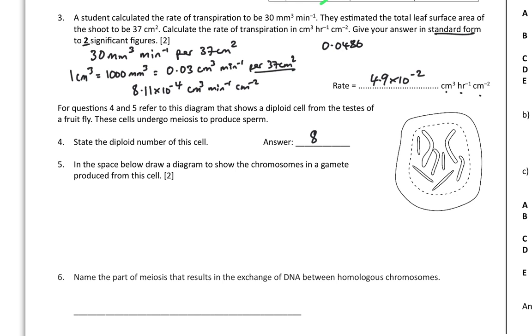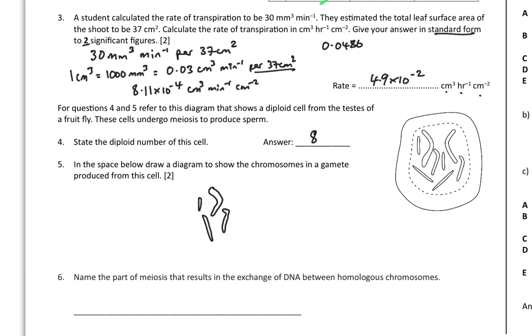Drawing this, well, I just need one of each homologous pair, and look how they've given different shapes and sizes. So I just have to roughly match that. There's one small one, one longer one, one quite big bent one, and one more like a hockey stick. There, I'm done.